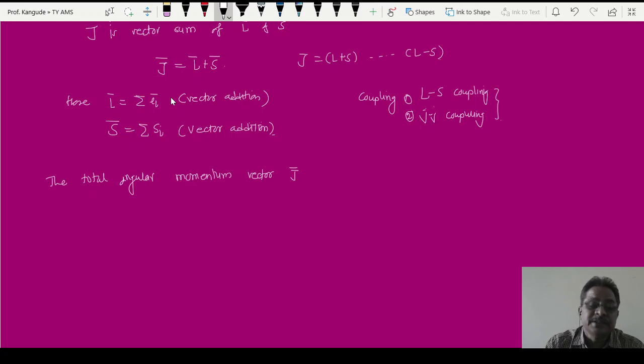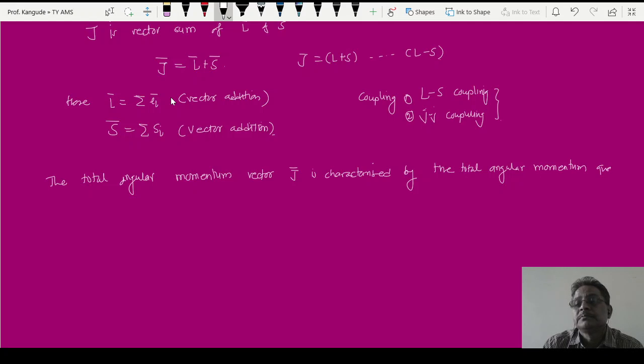It is characterized by the total angular momentum quantum number. Okay, this number is given by small j. This capital J bar is characterized by the total angular momentum quantum number small j.